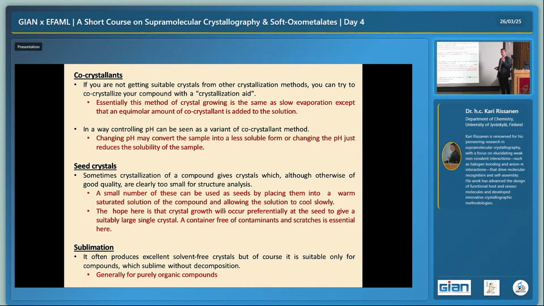I have many cases like this. We had component A, we tried everything, 50 different tries, no way, no crystal. Then it's okay, let's try this co-crystallizing and add another component.